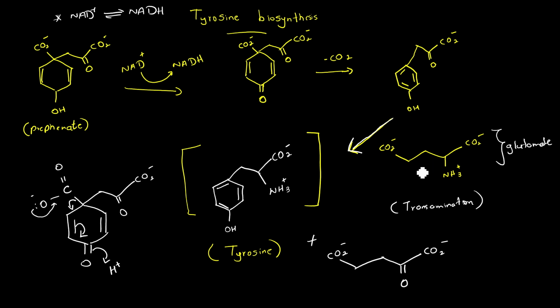Nothing big, nothing so complicated is happening in this particular reaction, but you need to understand these steps. I hope most of the papers you get won't ask you to write the mechanism for the tyrosine biosynthesis.